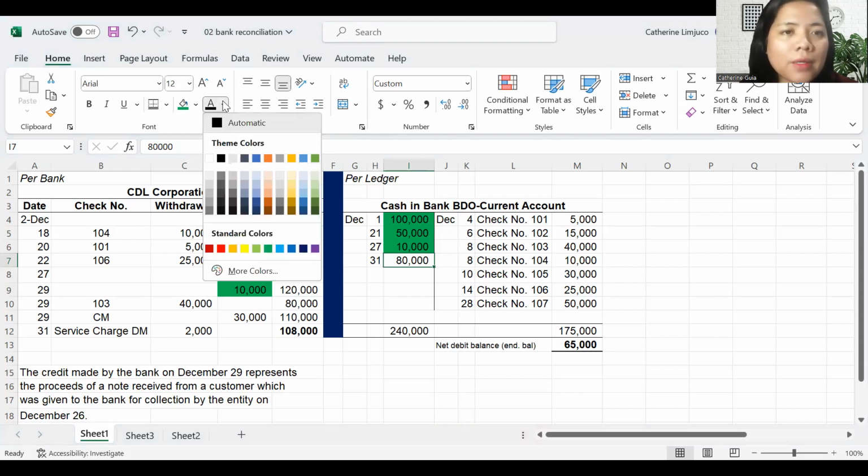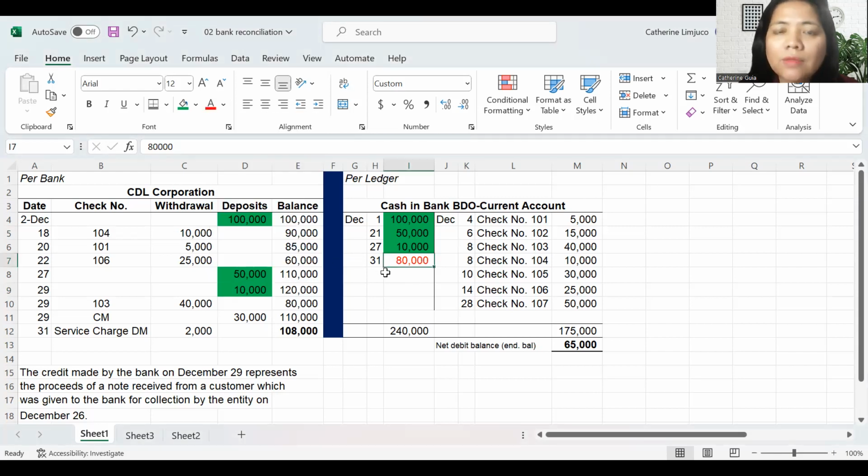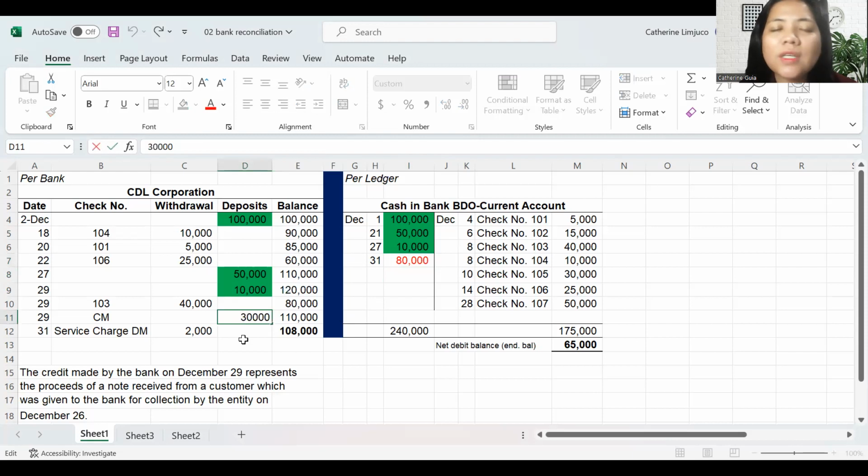And let me make this font red, okay? So this means it is a reconciling item. What else? So under the deposits column, we have another amount, 30,000, which did not reflect in our per ledger. So therefore, this 30,000 is also our reconciling item.